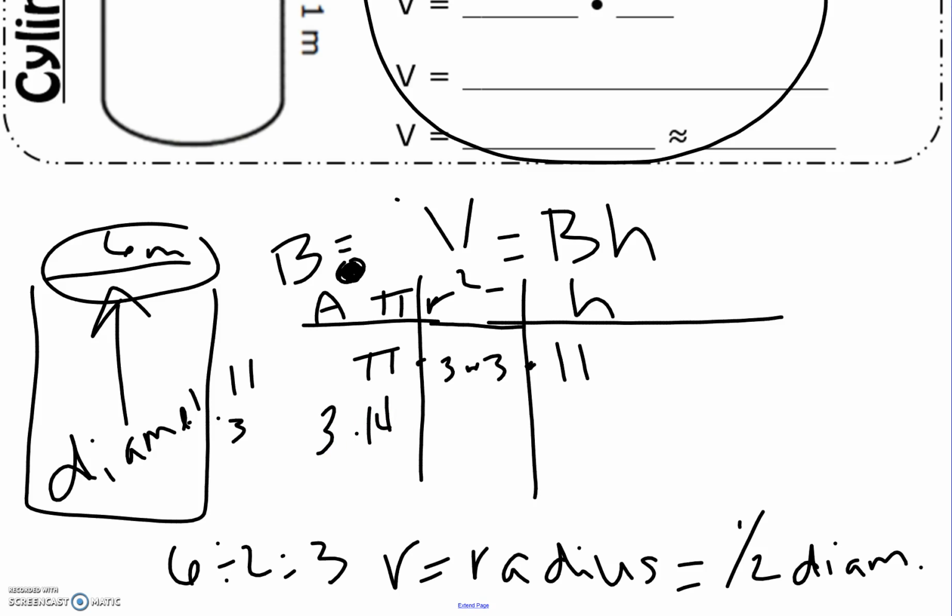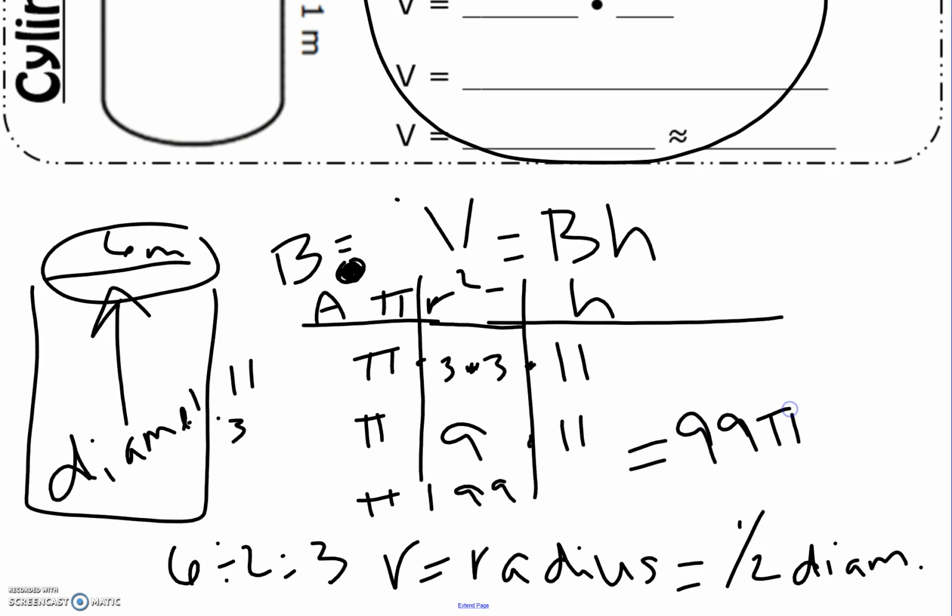Actually, let's leave it in pi for a little while. So we have pi. Now do the math. 3 times 3 is 9 times 11. So pi, 9 times 11 is 99. So our answer is 99 pi.